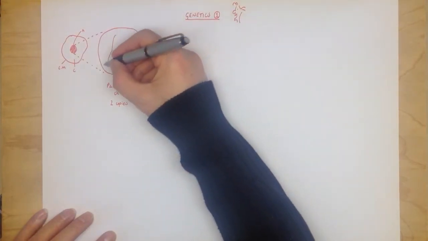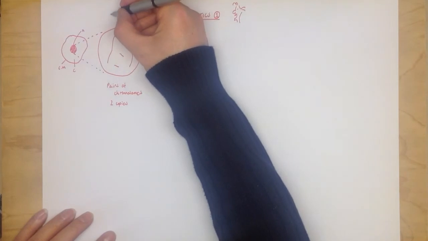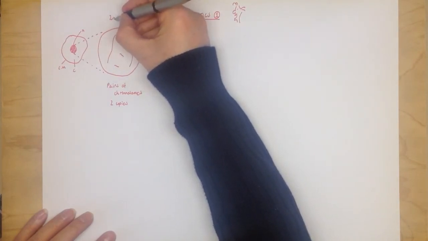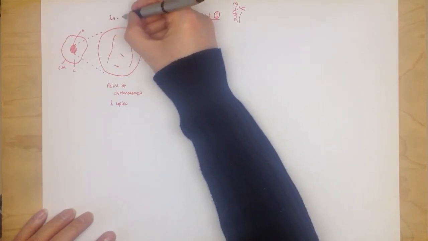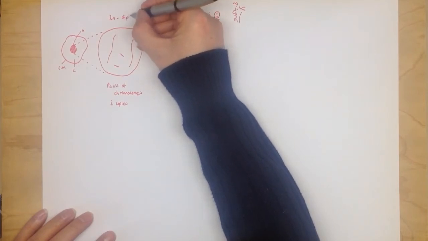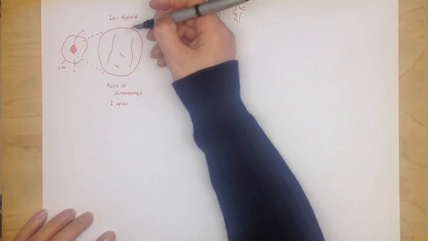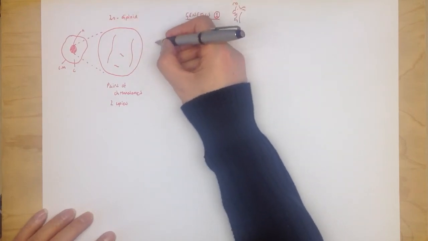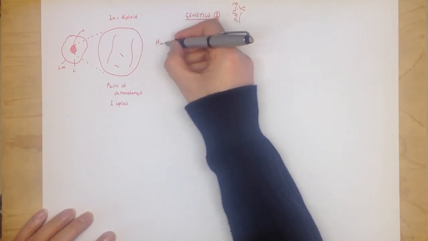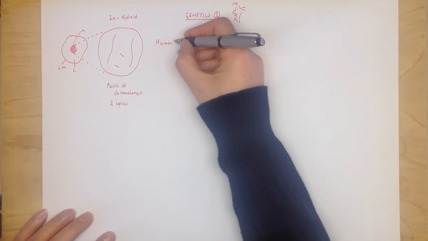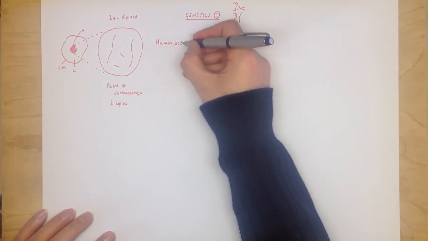Now, because you've got 2 copies of each, we say that it's 2n, which means that it's diploid. Diploid means 2 copies of the chromosomes. Human body cells have 46 chromosomes.